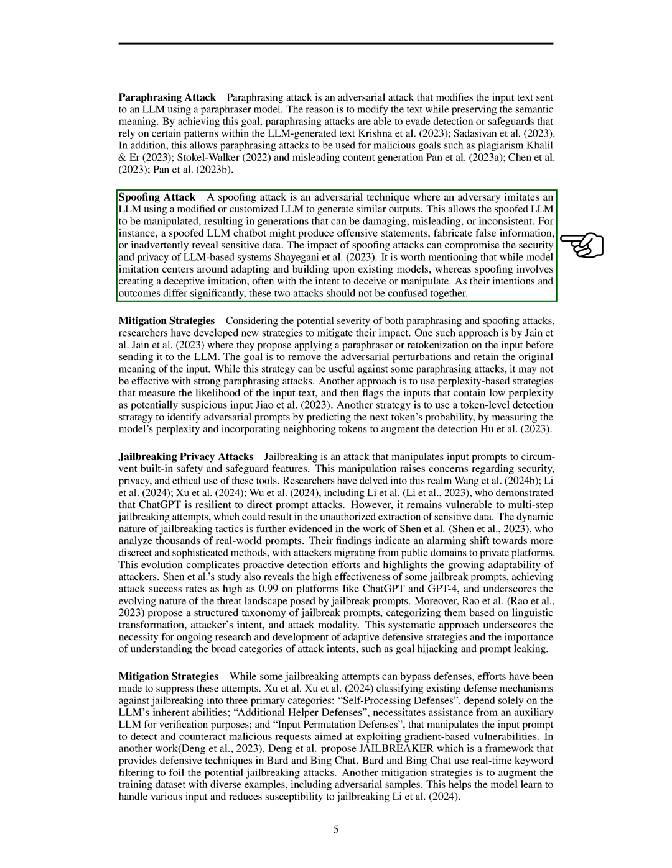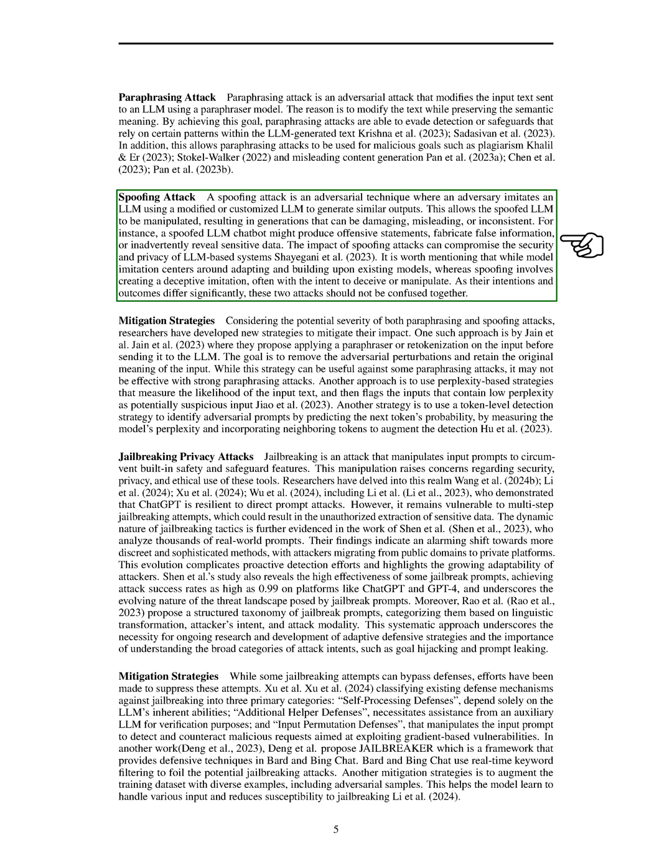Next, we consider spoofing attacks, which involve an adversary mimicking an LLM by using a modified version of it to produce similar outputs. This manipulation can lead to harmful, misleading, or inconsistent results. For example, a spoofed LLM chatbot might make offensive remarks, spread false information, or unintentionally disclose sensitive information.